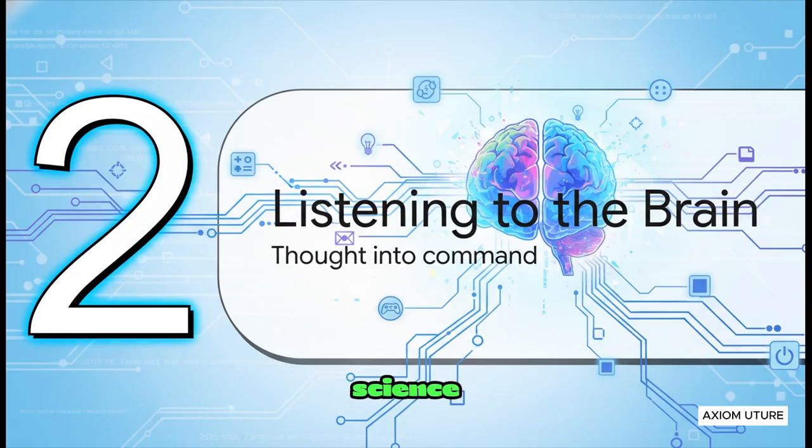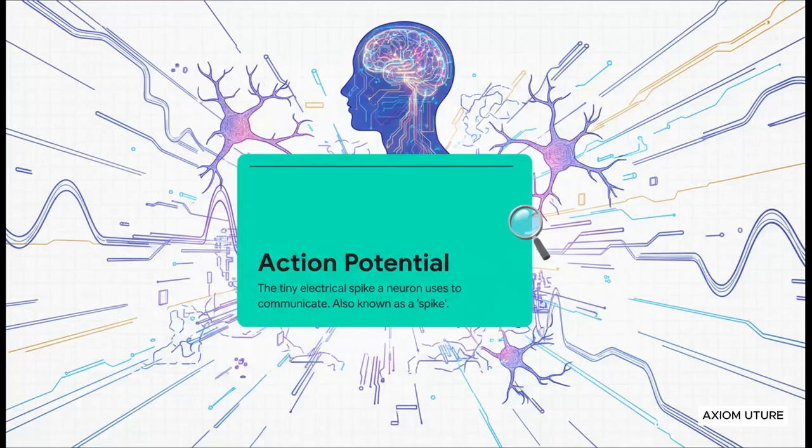To break down the science, here's our technology analyst. Okay, so it really all comes down to this one thing: the action potential, or what we just call a spike. Your brain is basically a biological supercomputer, and it runs on electricity. Every single time you decide to move or to speak or even just think about moving, certain neurons in your brain fire off these little electrical signals to talk to each other.